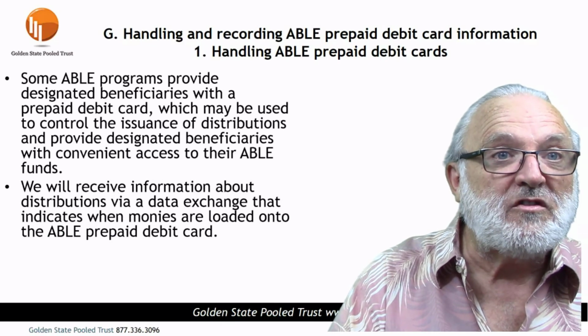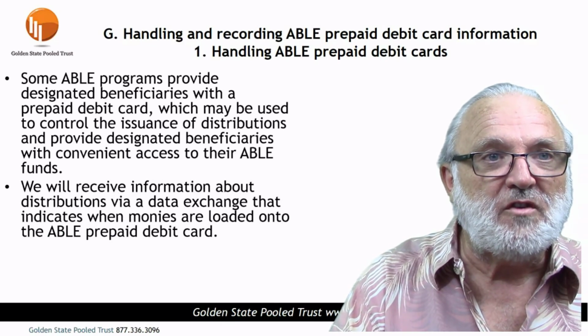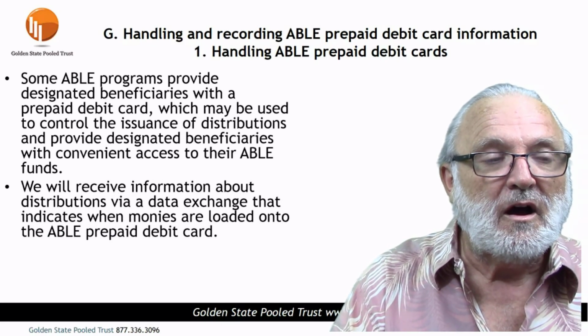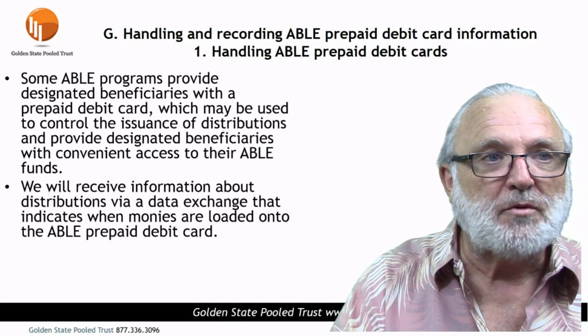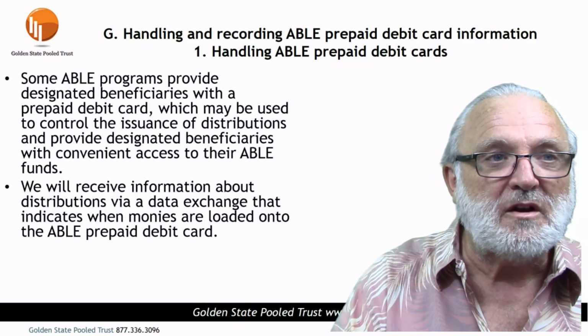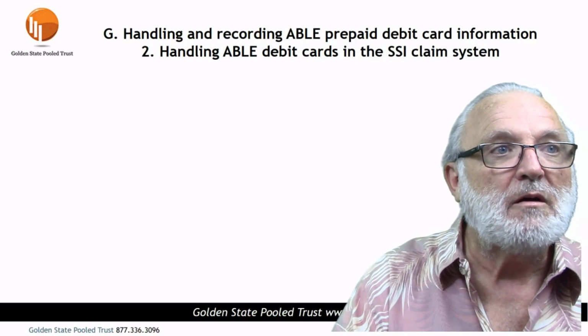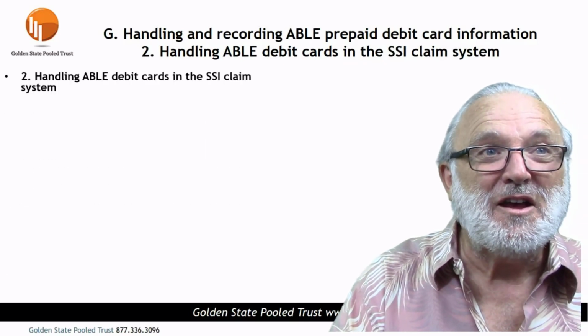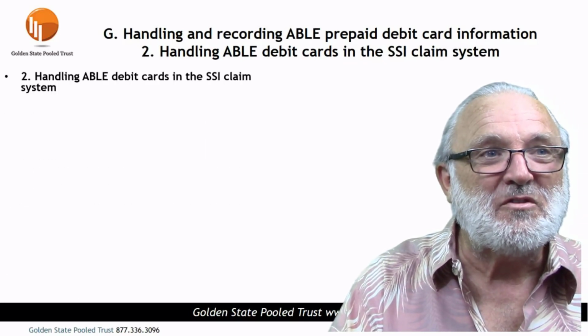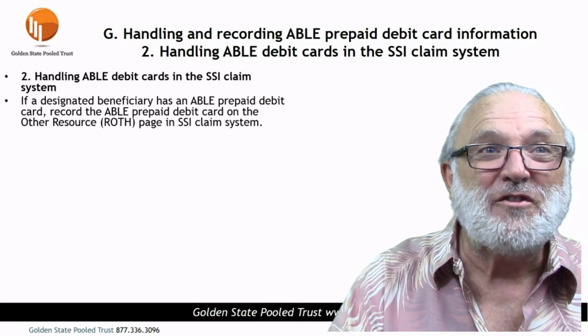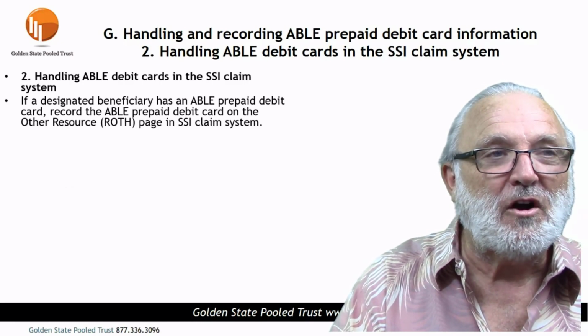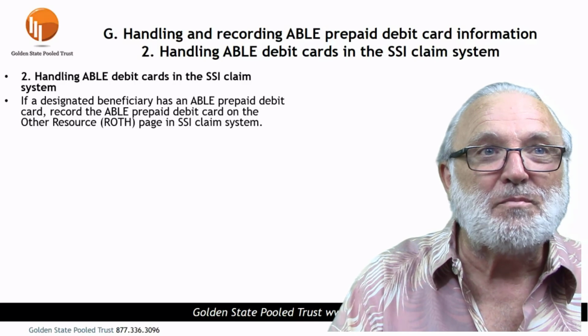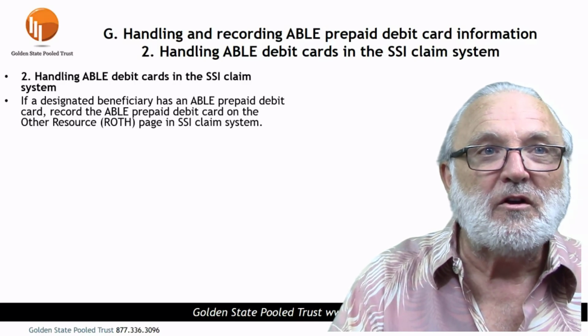Social Security will receive information about the distributions via a data exchange from the different ABLE programs when monies are loaded onto an ABLE prepaid debit card. In handling ABLE debit cards in the SSI claim system, if a designated beneficiary has an ABLE prepaid debit card, record the card on their system.